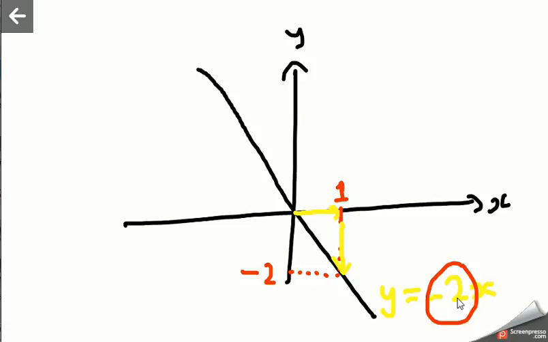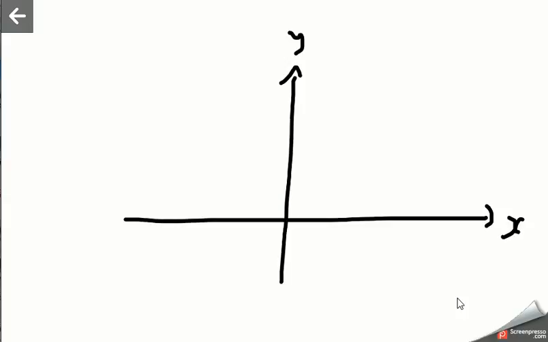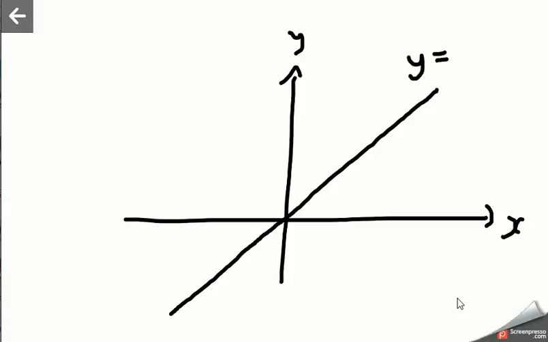Let me draw one more example of this. So this is the line y is equal to mx, so the gradient of this one is m. Suppose here we've got x1, and then the y coordinate must be m times x1.